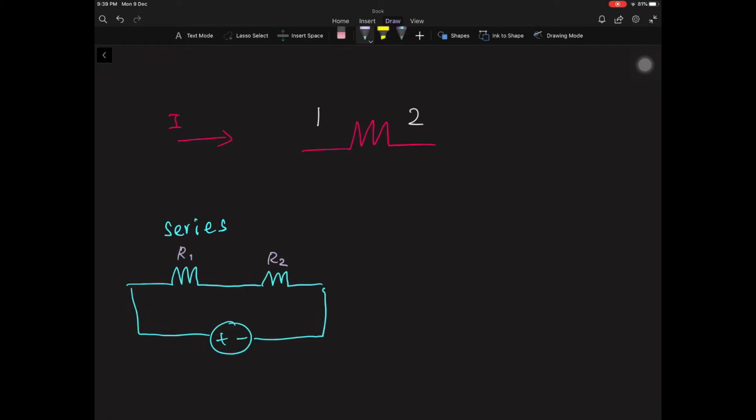If this is an example of the series circuit, the current flows from positive to negative. When the current flows through R1, I assume the head of the resistor is number 1 and the tail is number 2, and then when it flows through R2, the head is number 1 and the tail is number 2.